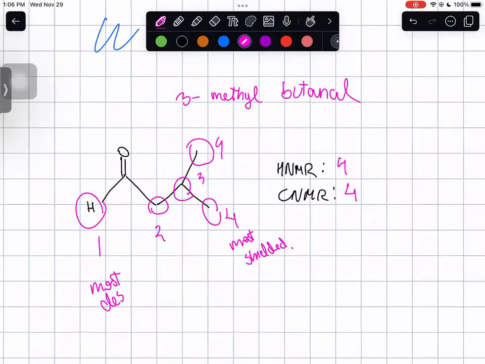What's the approximate chemical shift for the most de-shielded signal? I need a number. I hear 8. And Emily, what do you say? 10 to 12? What's the ppm range for signal 1, the most de-shielded one?